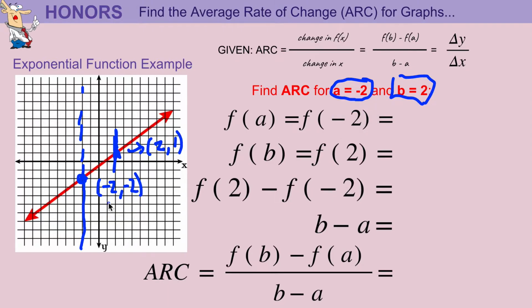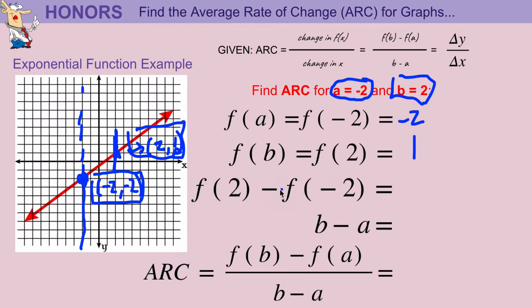We want to know the output, so we come here and look at this point, and we notice the output for this is -2. The output for the other case is if we put 2 in, we get an output of 1.